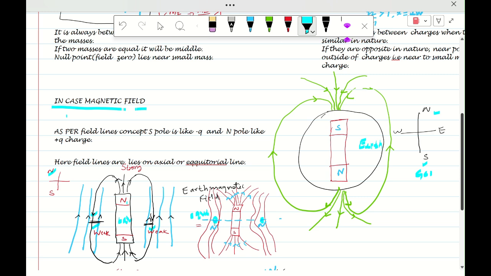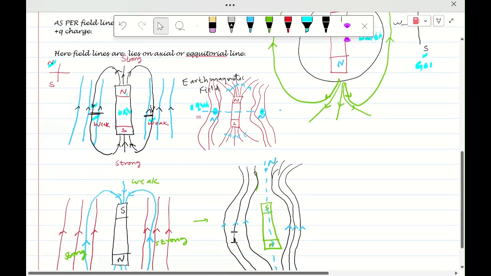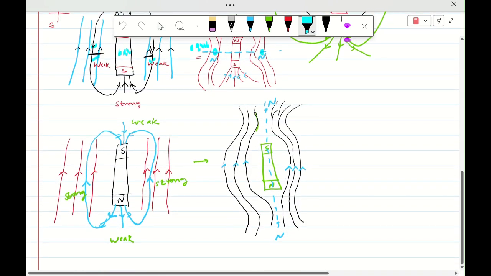Here, on the equatorial line, when the bar magnet is placed such that its north pole is in the direction of geometrical north, this is called the tan B position, perpendicular to the equatorial line.